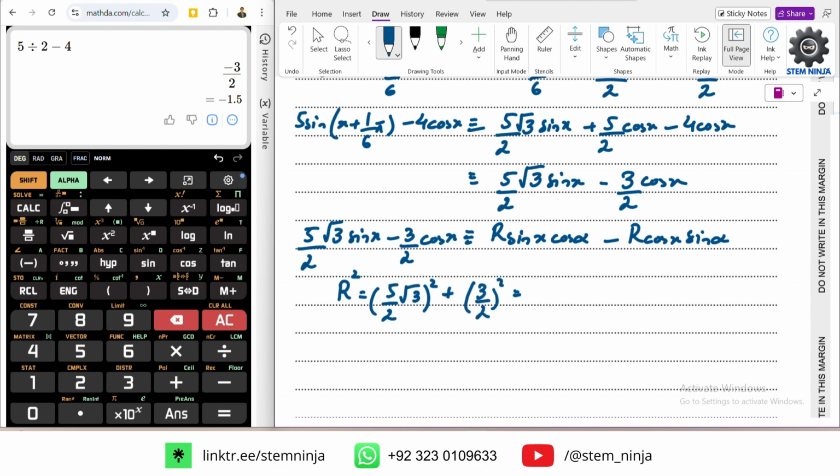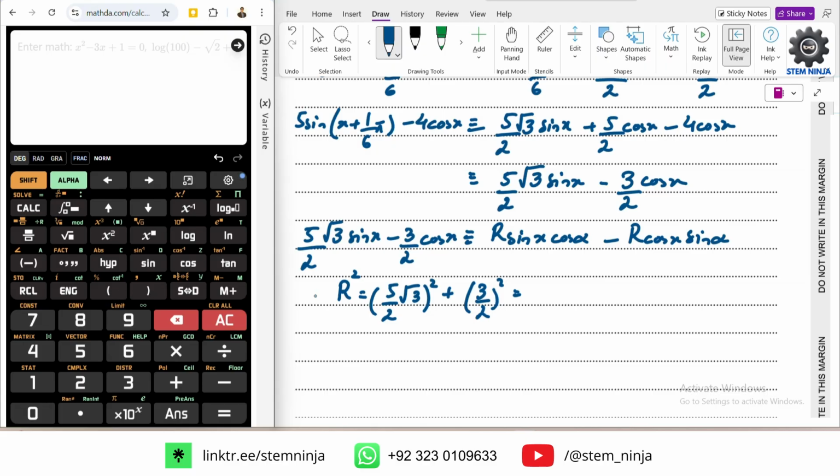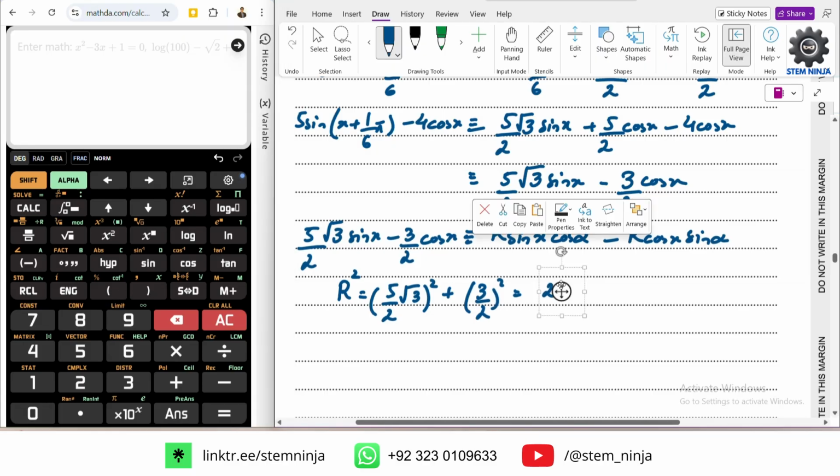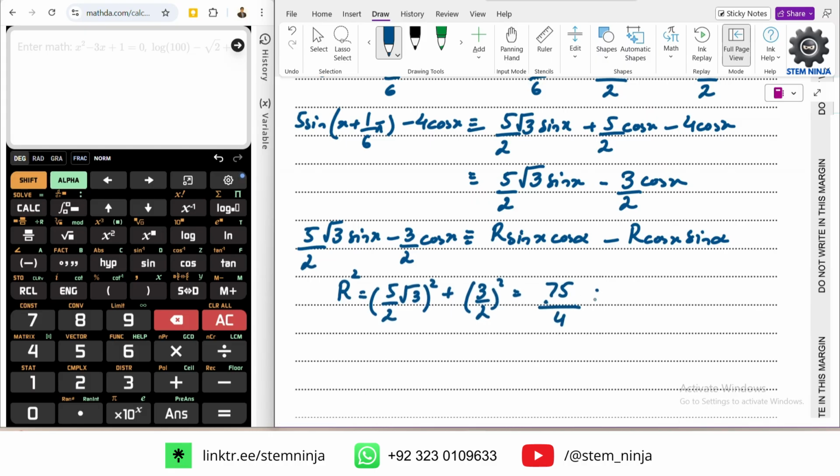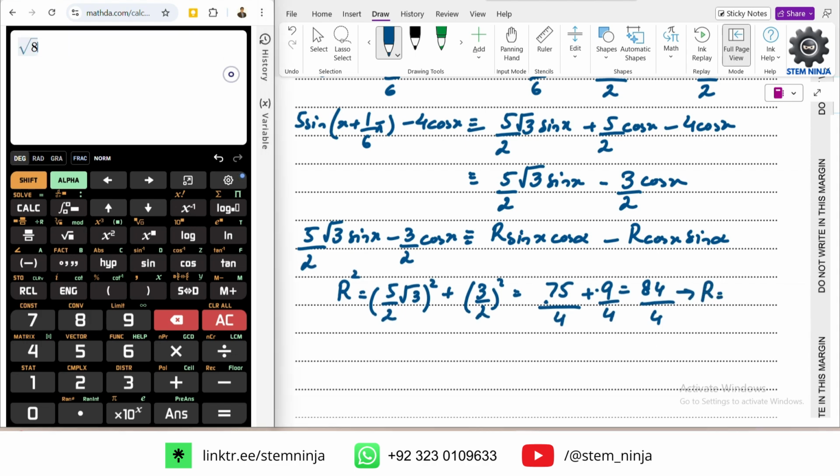So 25 over 4 times by 3 is 75 over 4, plus 9 over 4, so this is 84 over 4, so basically r is square root of 84 divided by 4, this is root 21.